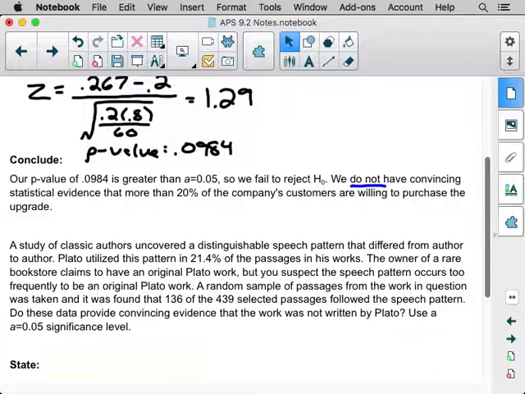So again, if you do reject, you have evidence towards whatever you were claiming. If you fail to reject, just insert that you don't have evidence, and then you just copy and paste everything like we did before.